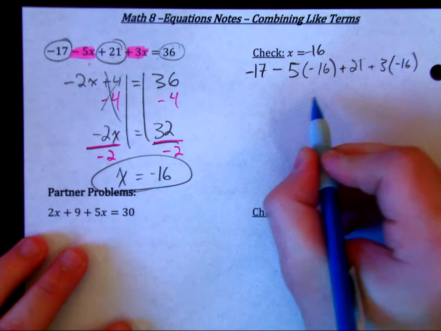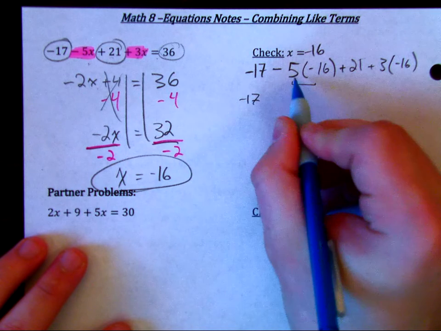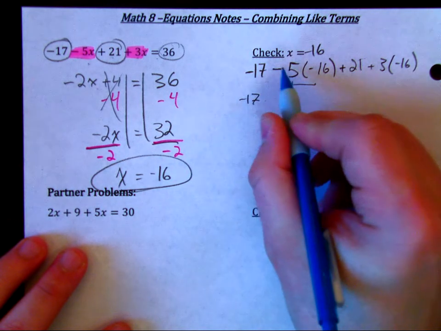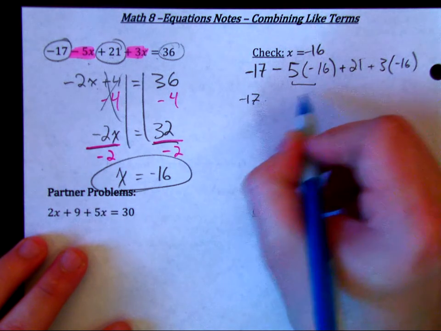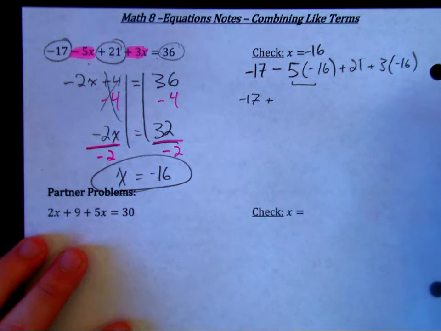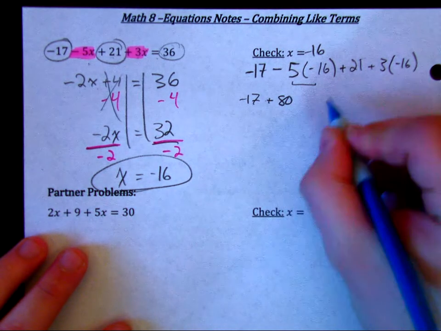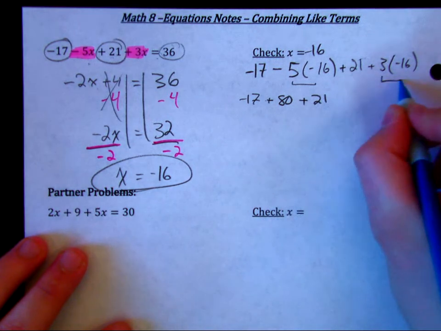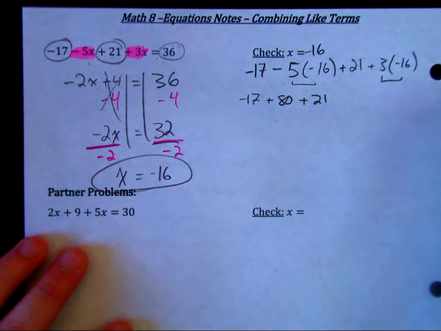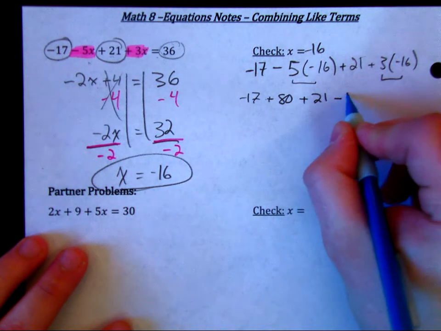Let me multiply these two together. Negative 5 times negative 16 is going to be plus 80. Plus 21. And then we can also do 3 times negative 16, which should be a negative 48.